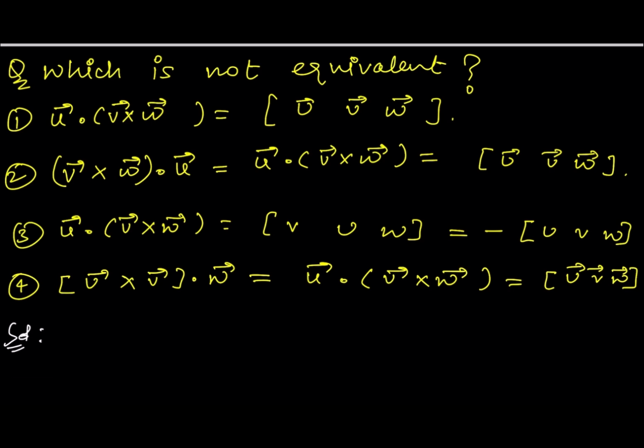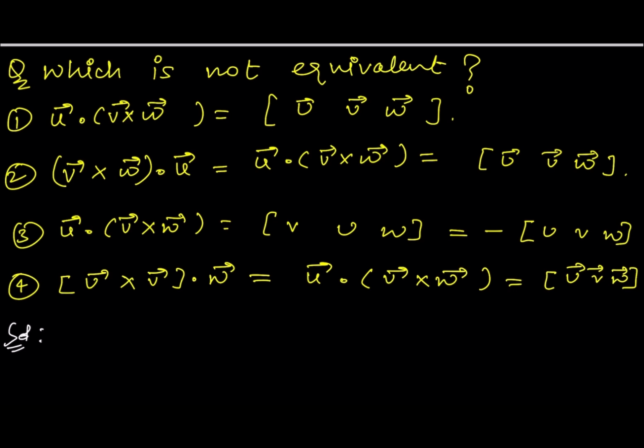V cross W dot U means box VWU, and this can be written as U dot V cross W, which can be written as box of UVW.